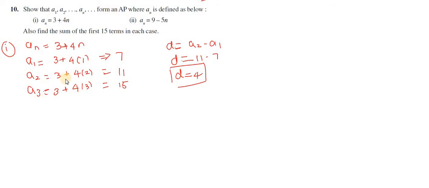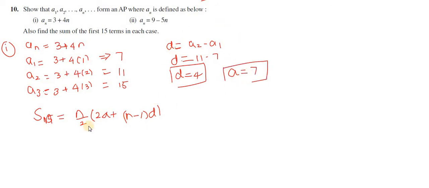So now what we need to find? We need to find S15. What is S15? We know Sn is n by 2 into 2a plus n minus 1 into d. And also you know what A is, A is nothing but 7. Now substitute the values, and n is equals to 15, because they ask us to find the sum of 15 terms.